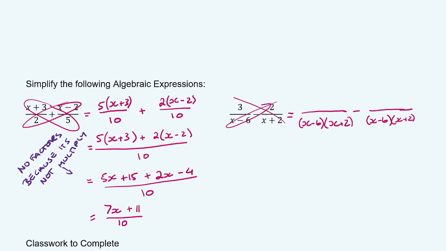Multiply this way, multiply that way. Now, our denominator isn't going to be able to be reduced at all, so it's going to be the same no matter what we do within this problem. So it will always be the two brackets.